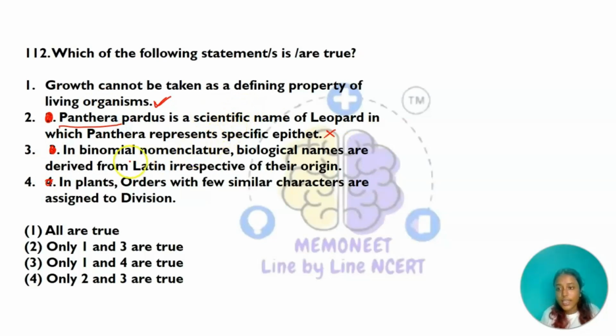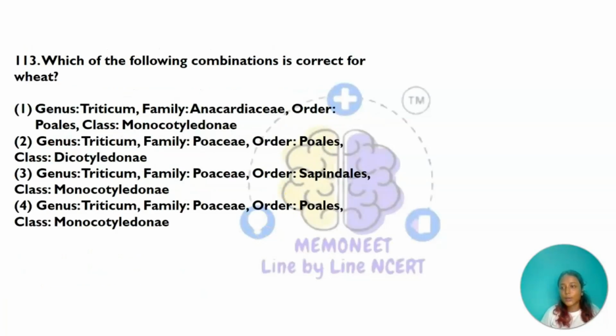Panthera is the genus. In binomial nomenclature, the biological names are derived from Latin irrespective of the origin, which is true. In plants, orders with fewer similar characters are assigned to division, which is again not true. So the correct answer to this question is 1 and 3, which is option 2 right here. So that is the correct answer.